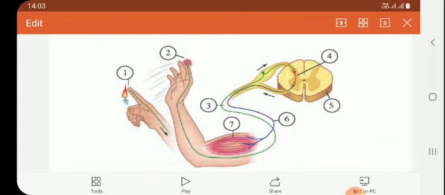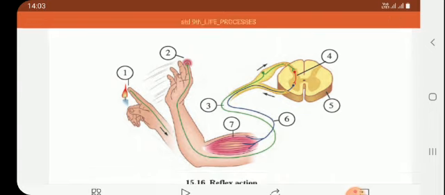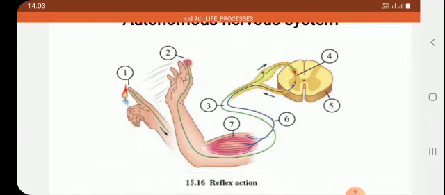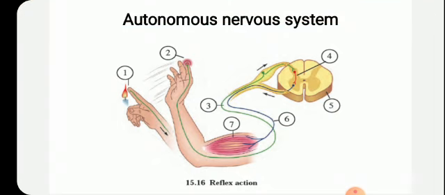If our finger comes near that burning candle, that message is passed from here by the sensory nerves. Then a synapse is formed, then motor nerves give the message to our skin.